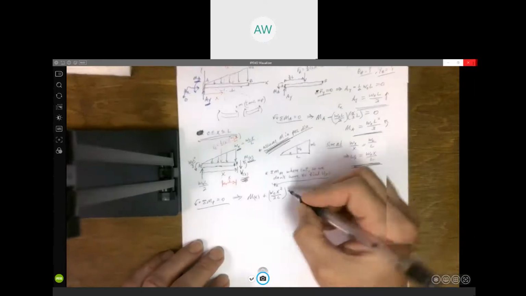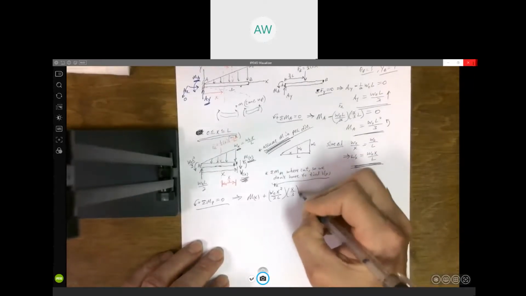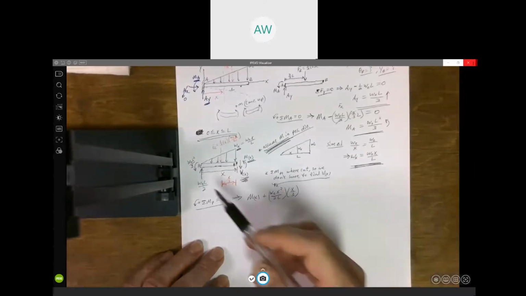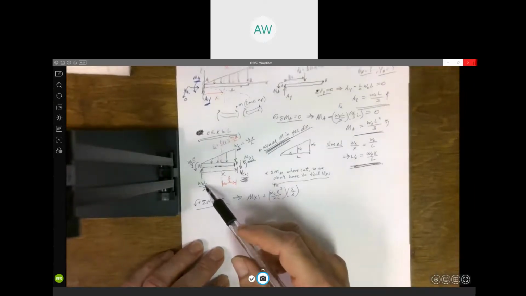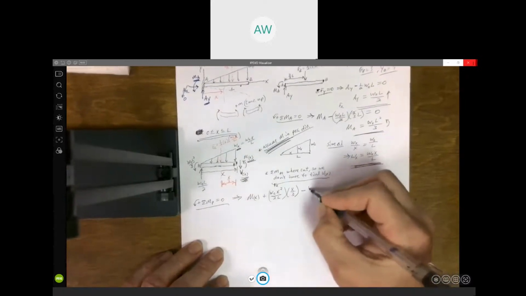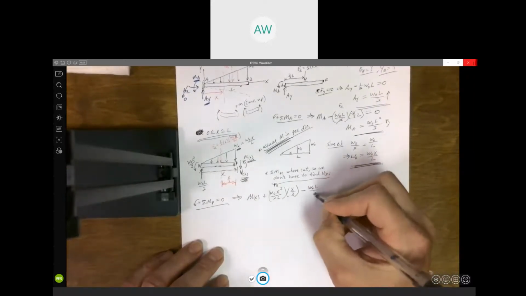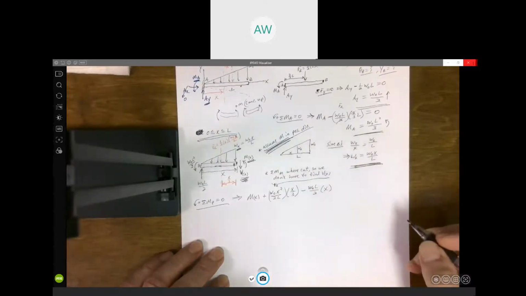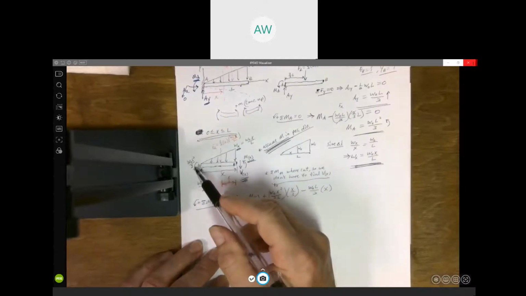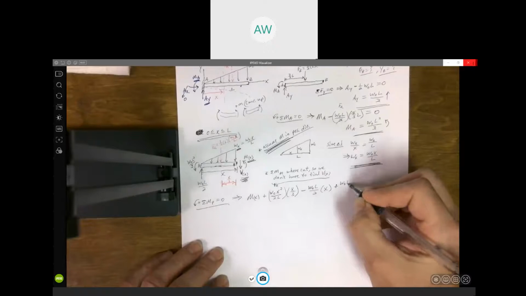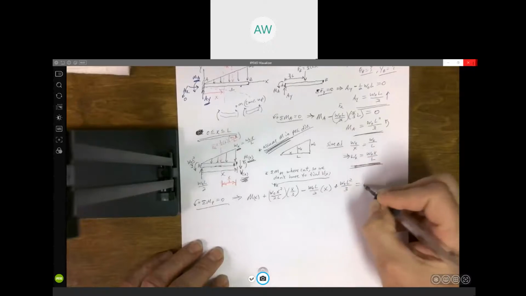We multiply it times x over 3, the distance from point P. Then we have the moment that our support reaction Ay causes. It's a clockwise moment, w naught L over 2, times x. And then the reaction moment MA is in the positive direction, w naught L squared over 3. All that has to add to 0.